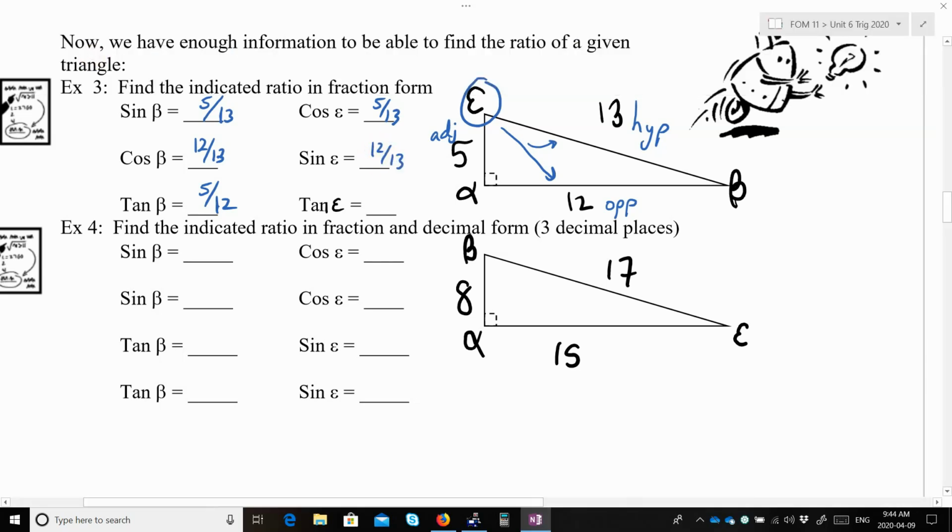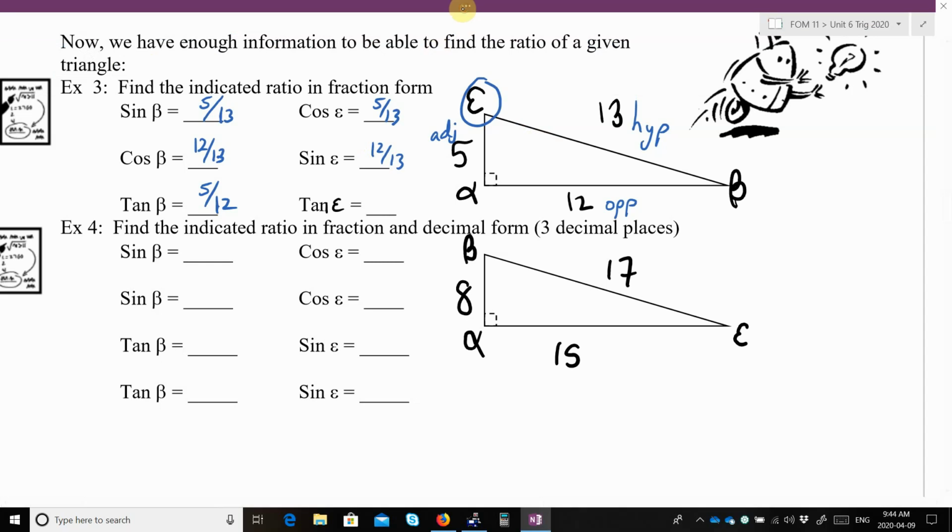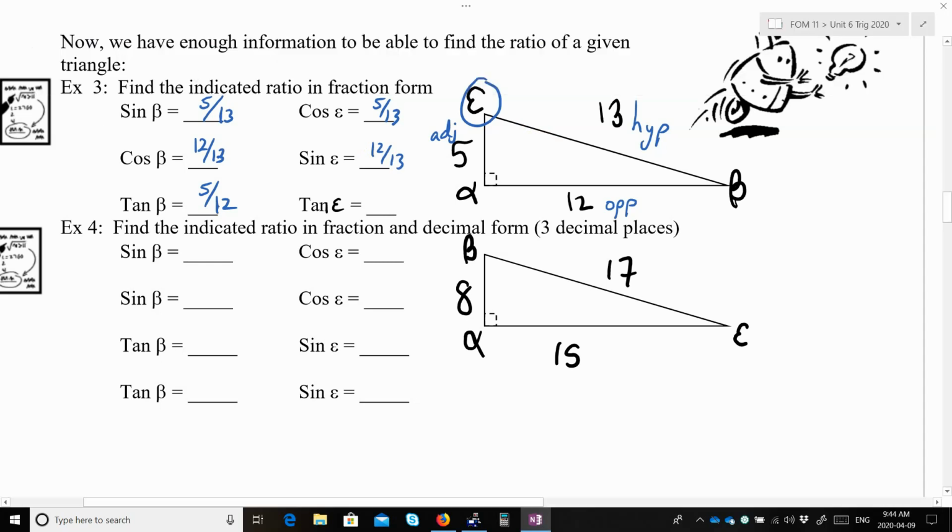And tan of epsilon goes SOHCAHTOA. Tan is opposite over adjacent, so there's opposite, 12, and the adjacent is 5, 12 over 5.